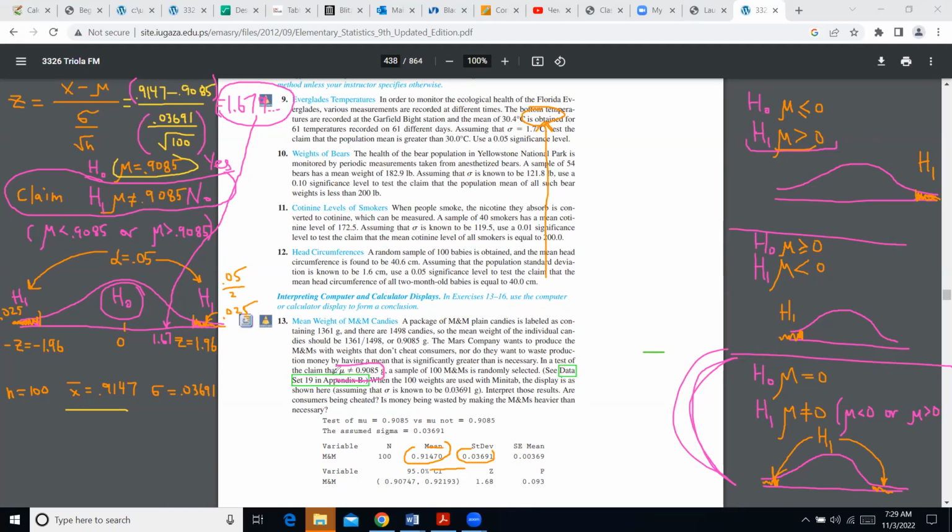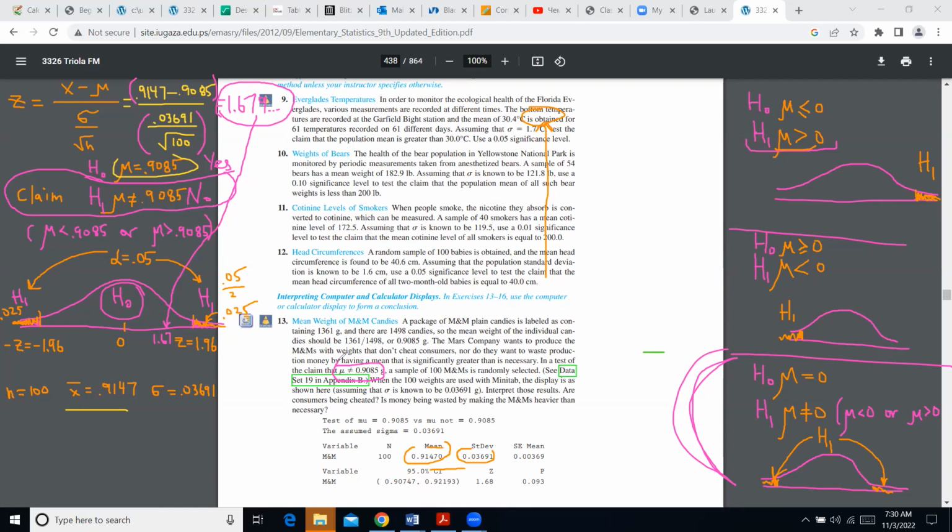So somebody was testing the company, or actually the company was claiming that its candy does not weigh what somebody told, and the company was wrong because their claim is incorrect. So it means that the company is indeed in trouble.